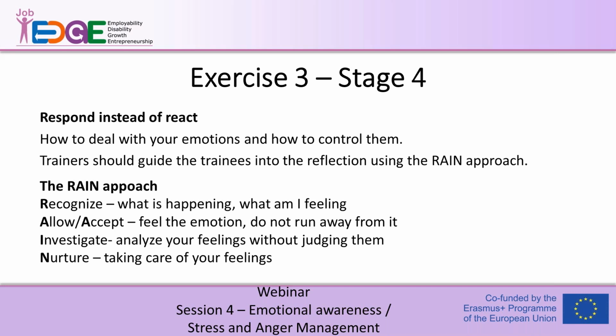The third part is to investigate or analyze the feelings without judging them. Finally, the fourth part of the RAIN approach is to nurture ourselves, taking care of our feelings.